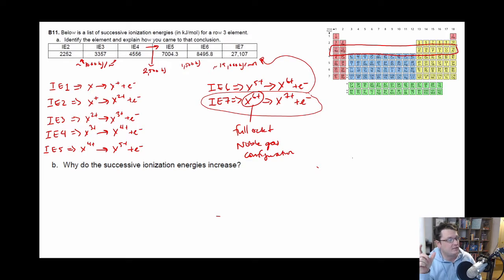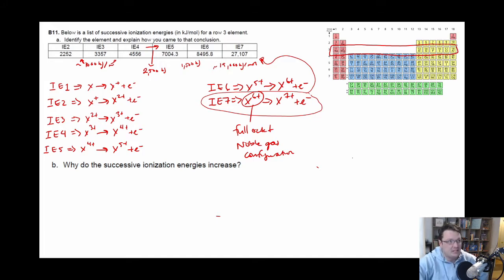Because if we have a full octet, we would expect that to take a lot of energy, and then removing one more electron from that breaks that full octet, which is where the 27,000 would make the most sense.